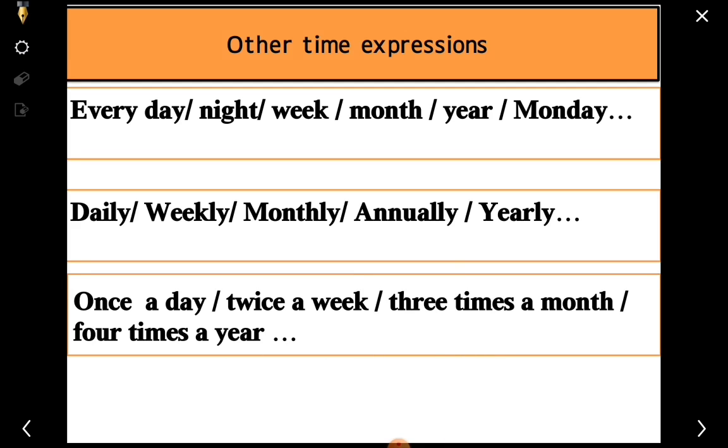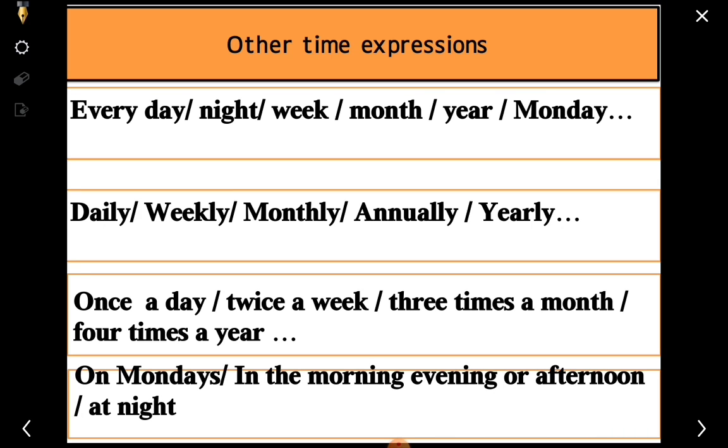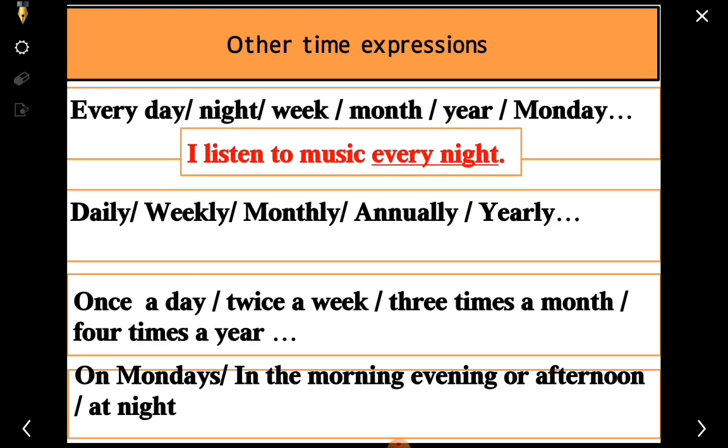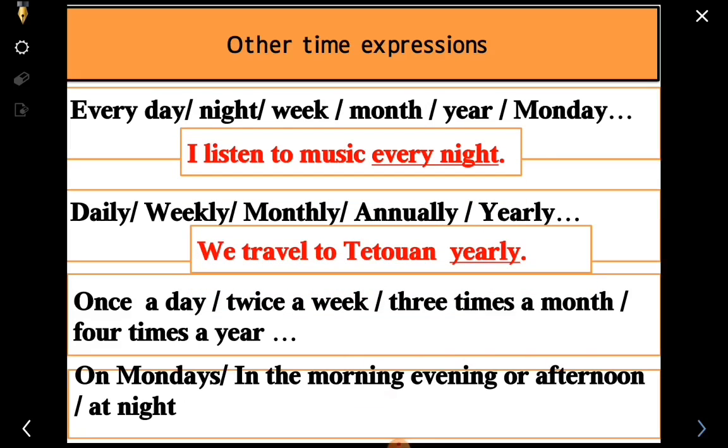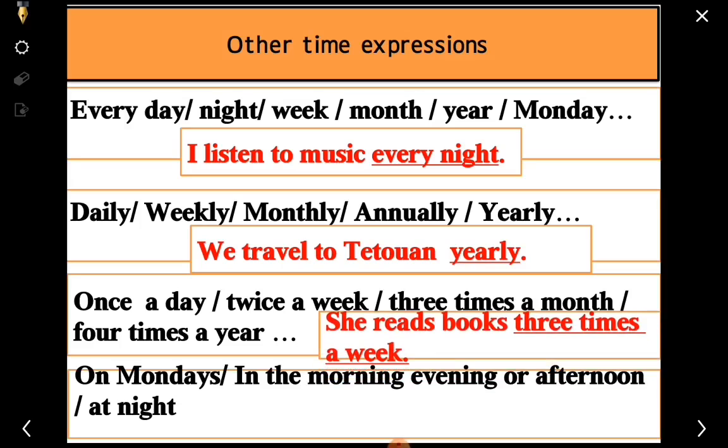Once a day, twice a day, 3 times a day, 4 times a year, etc. Okay? And we have on Mondays, on Fridays, in the morning, in the evening, or in the afternoon, at night, at noon, etc. These are time expressions that we use when talking about the present simple tense.